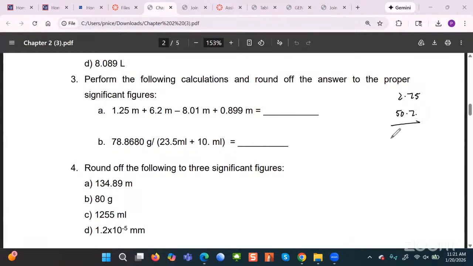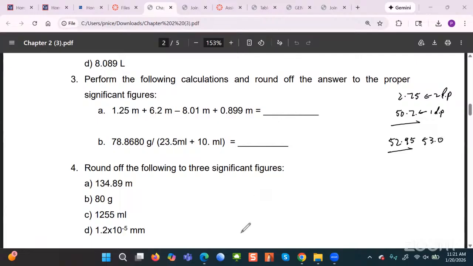And I got 52.95. Right? Now in this case here, you have one decimal place here, and you have two decimal places here. So that means you have to round off this here to one decimal place, which means that in this case, the answer will be 53.0.